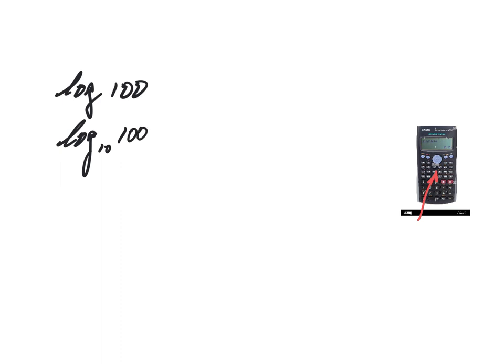But remember I said since we're dealing with just common logs, if there's not a number in the base, it's an assumed 10. So I put the 10 there just to show you that it's there, because what this means is, what number can I put on 10 as an exponent that gives me 100? And in this case, x is going to be 2. If we square 10, we get 100.